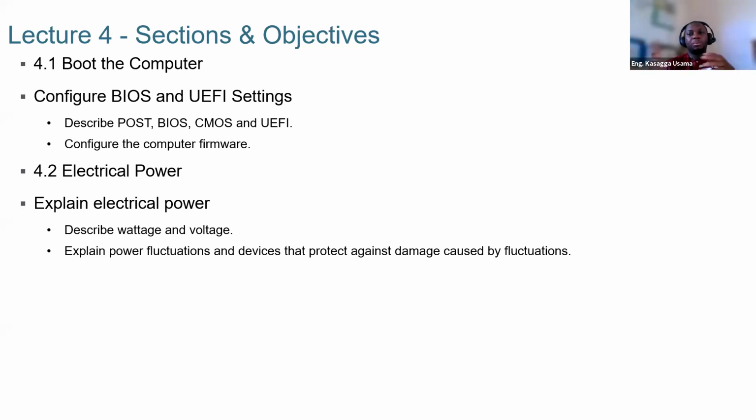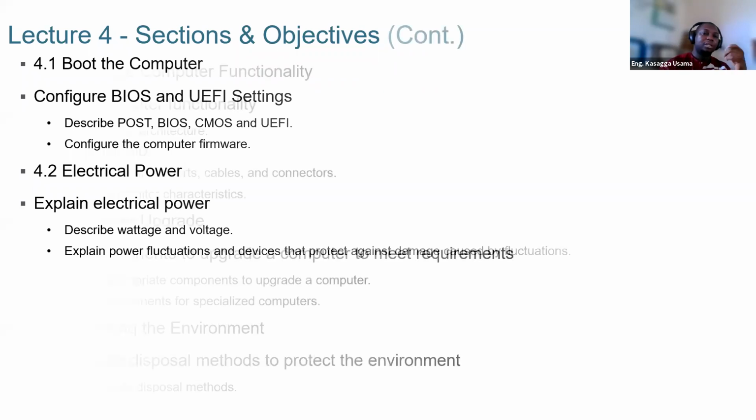Booting is the process of starting the machine, and we shall go into the process of booting, where we talk about the BIOS, the CMOS settings, the POST, the configuration, and the firmware. Then we shall share the concept of electricity a little bit, the voltage and the watts found in different components of the computer.